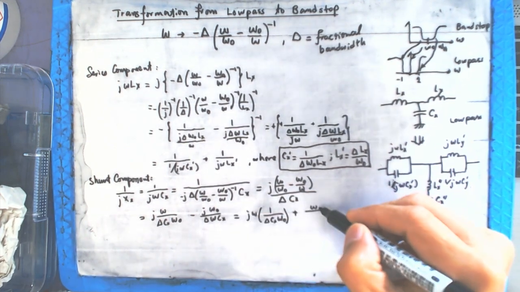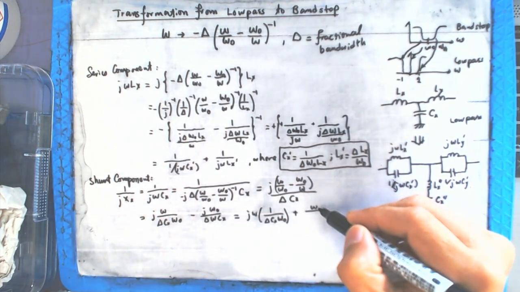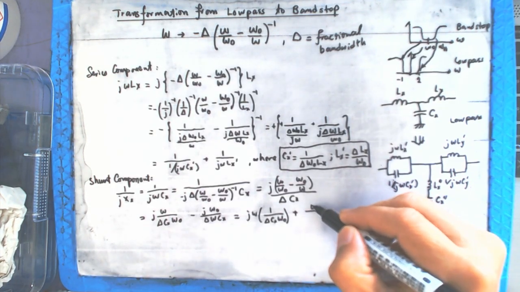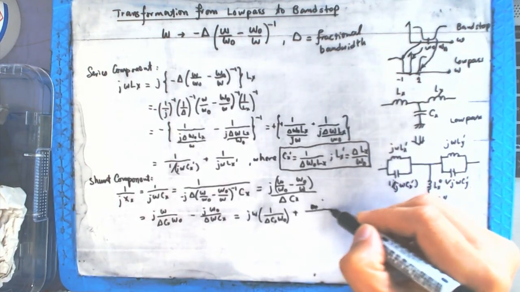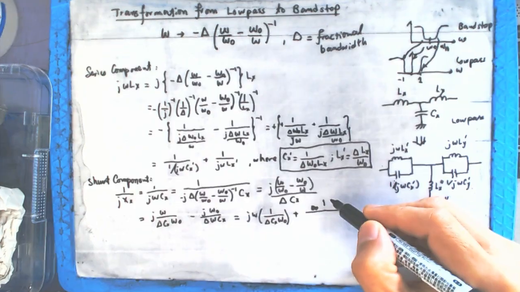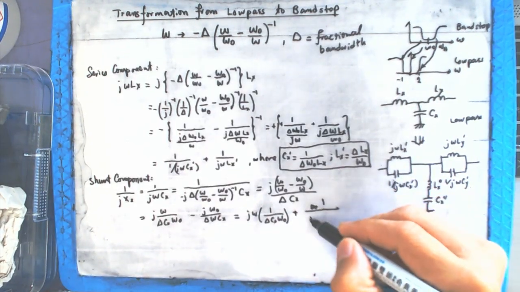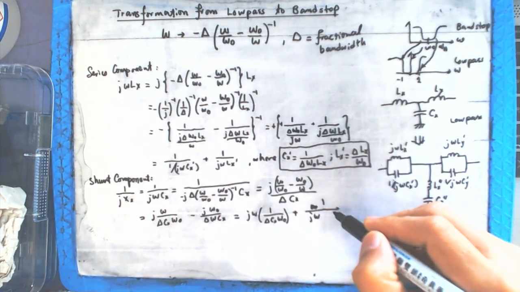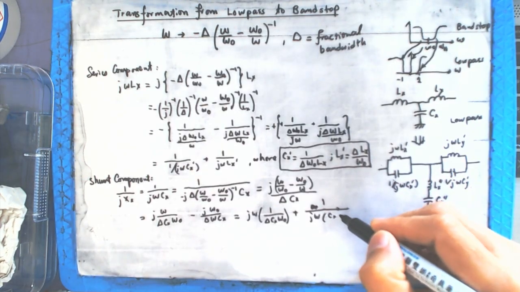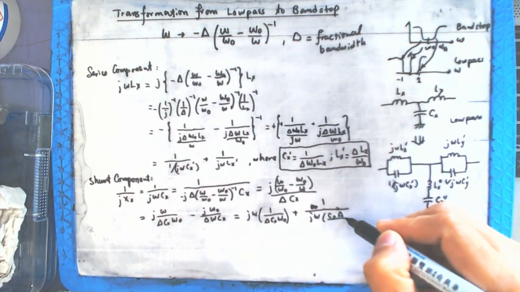So you can put one here, and then j omega, and then Cx delta over omega naught.